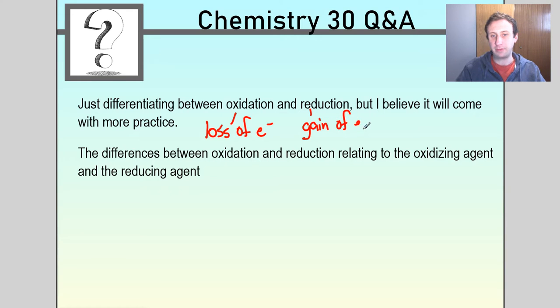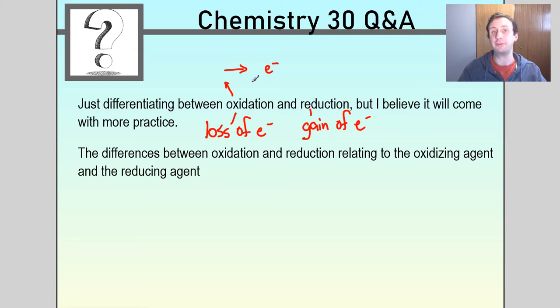Now, that's only part of the story, because then you have to think about what that looks like in terms of what's happening to the chemical, and then also what that looks like as a chemical reaction. Well, when I look at a half reaction, if I have oxidation, that means electrons is a product, because I'm losing electrons.